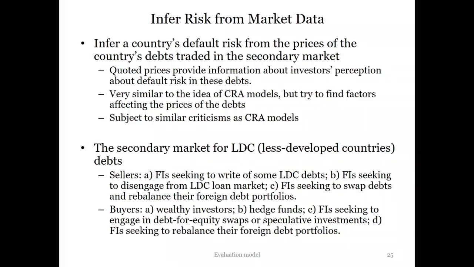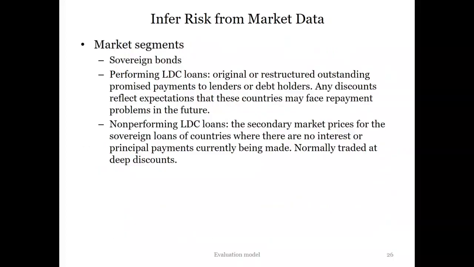If we look at the price and yield of a country's government bonds trading in the market, we should be able to have some idea about the country's sovereign risk. Basically, there is a secondary market that trades sovereign bonds.